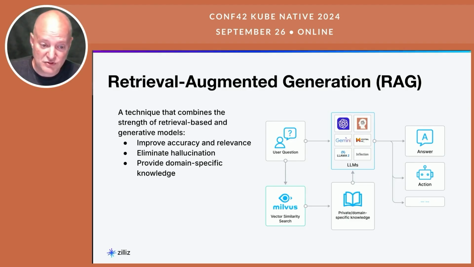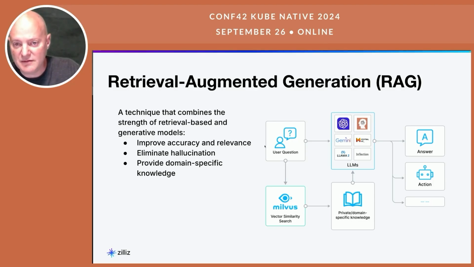If someone asks a question, I send that to the vector similarity search first, search my collections to get domain-specific data, things that maybe are private to me or that I know you're going to need for that question.